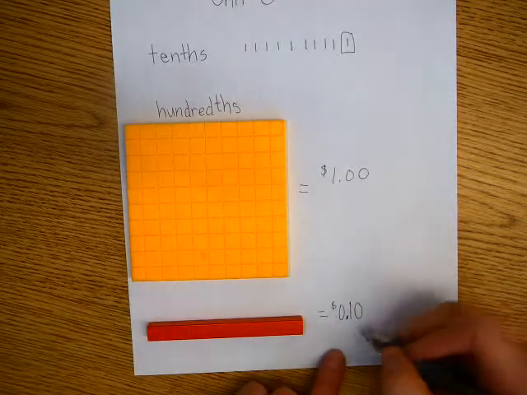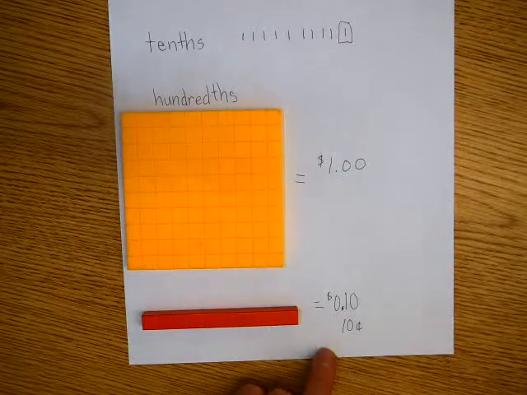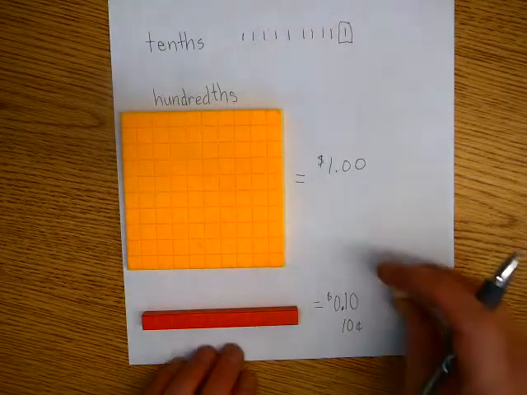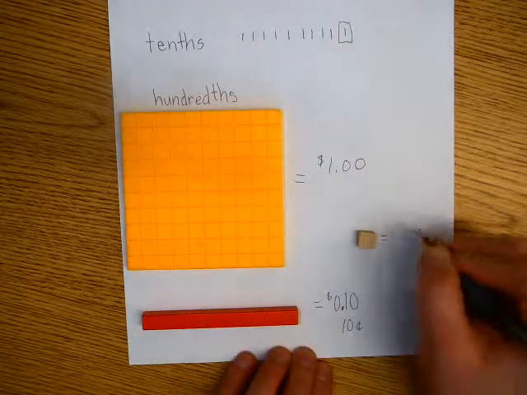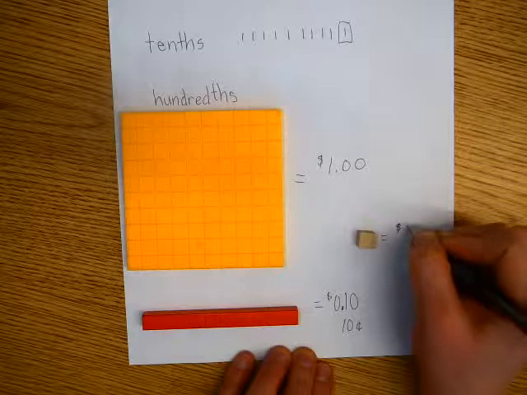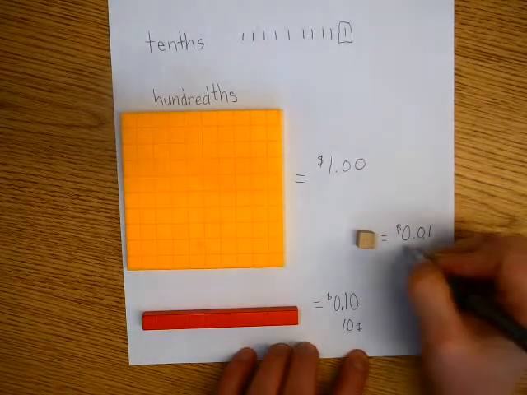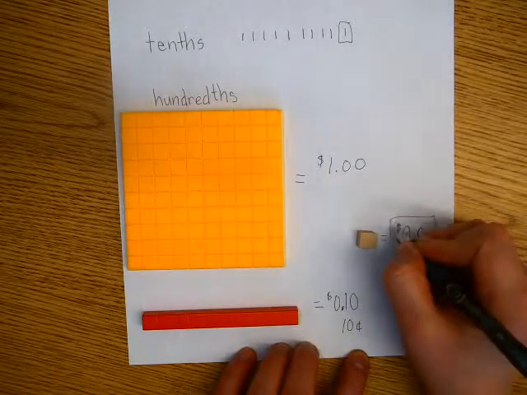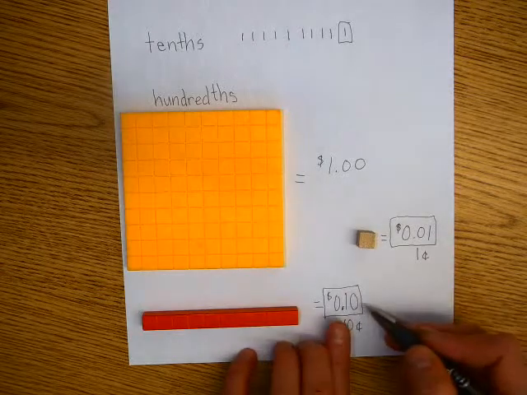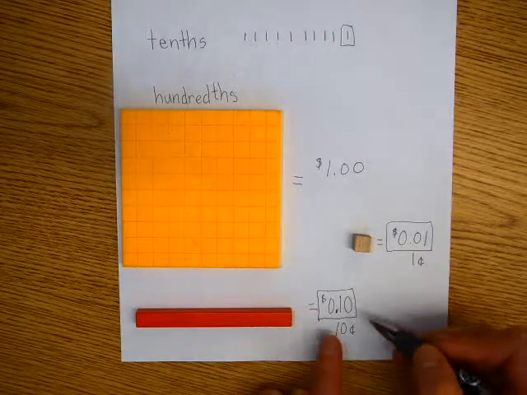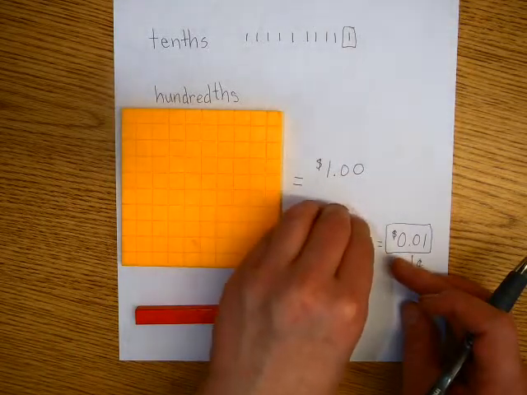We can write it in dollar and cents notation, or we can just write it that way, 10 cents. And this one here, this little one, this cube, is equal to 1 penny, or 0.01, or just 1 cent. But this notation here, called dollar and cents notation, will really help kids be able to understand how to do decimals later on down the road, and it will also help them to understand tenths and hundredths of something.